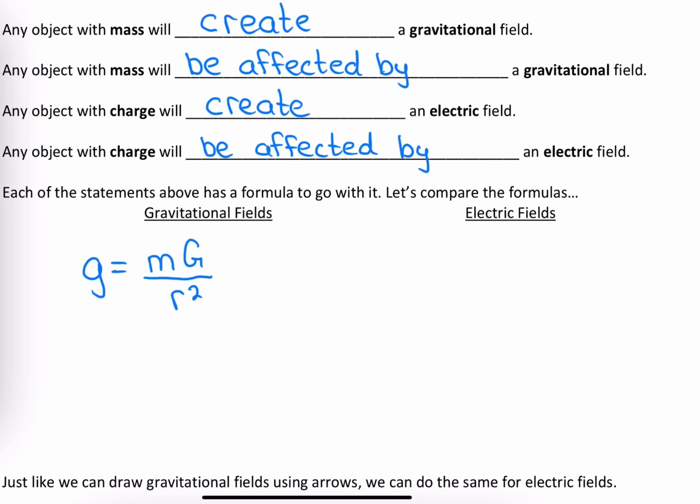So in this formula, the M you see here is the object creating the gravitational field. Now, there's one other formula we have that has little g, gravitational field, in it, and that's this one.